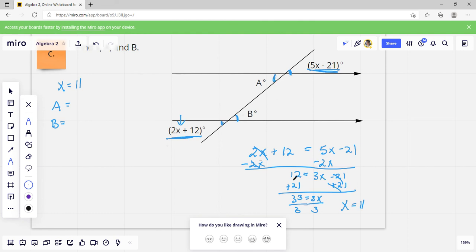Okay, so I'm just going to plug my 11 in where this x is. So 2 times 11 plus 12, and that's going to tell me what my small angle is. 2 times 11 is 22, plus 12 would be 34. So A should be 34, and B should be 34.